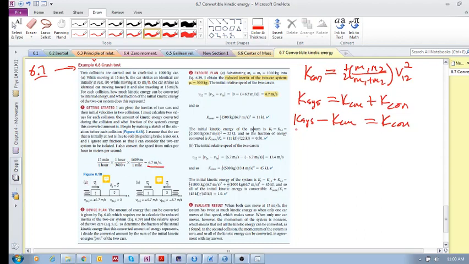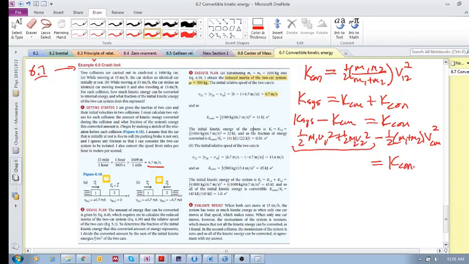For A, you would have half m1 v1 squared plus half m2 v2 squared. That is my system kinetic energy. Minus the kinetic energy of the center of mass, which is half m1 plus m2, the total mass of the system, times the velocity of the center of mass squared, equals K convertible.